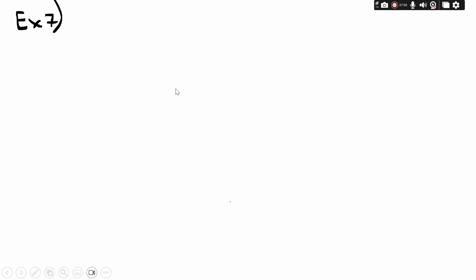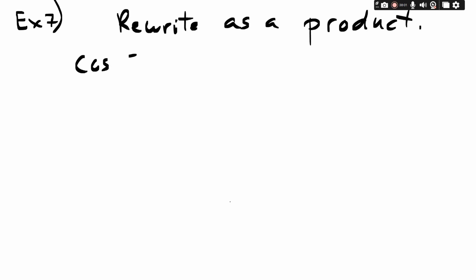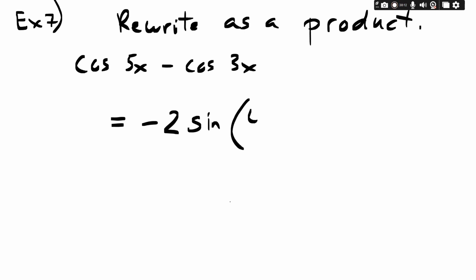All right. Let me just rewrite it real quick. It's easier just for me to rewrite it. All right, let's go with it here. So according to last slide, it's negative 2 sine of the addition of these two divided by 2. So let's see, 5x plus 3x is 8x divided by 2 is 4x. Perfect. Then it's sine of the subtraction of these two here.